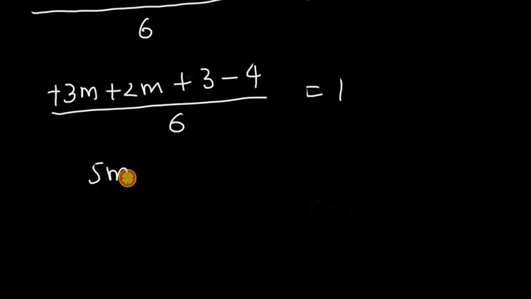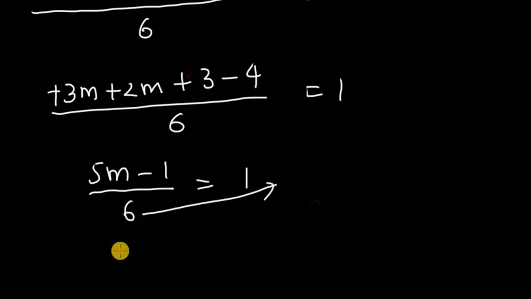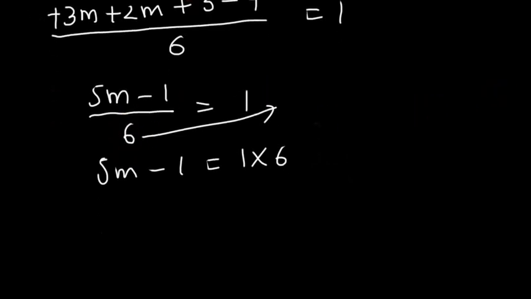So we get 5m, and plus 3 minus 4 is going to be minus 1, divided by 6 equals 1. Here is a constant which is 6, so let's shift it to the other side. It is going to be 5m minus 1 equals 1 into 6, because here it is divided by 6, so there it will go as multiplied by 6.